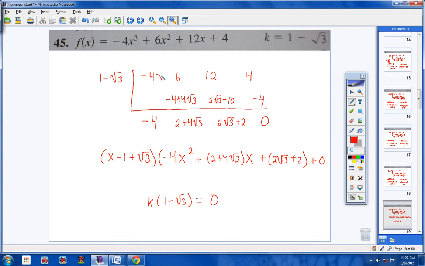Now remember, this 4 here was x cubed. So this 4 here would be x squared. So negative 4x squared plus, this whole thing is your coefficient. So be sure to put it in parentheses, x plus, this whole thing is your constant term. So put it in parentheses, and then plus 0, okay? Your remainder is 0. So k of 1 minus the square root of 3, you put this in and you got out 0. So k of this equals 0.